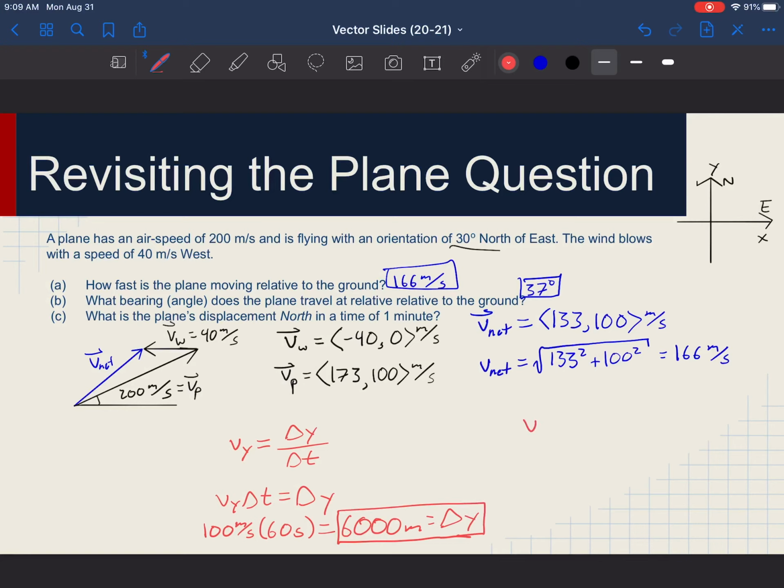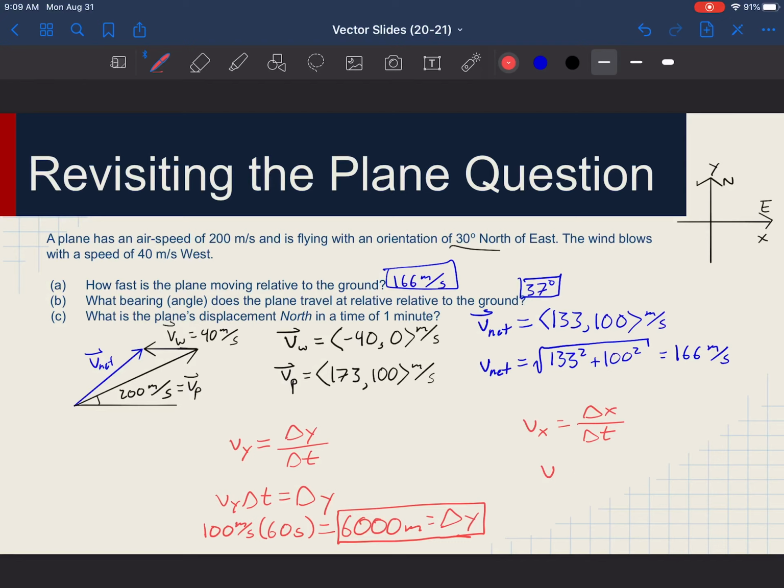We can do the same thing in the x direction, but we need to think separately about motion in the x direction. This is literally how fast it's moving in the x direction. If we want to figure out how far it goes in a given time in the x direction, we could think about it like this. This is moving at a constant velocity, which is why we don't have to use kinematics equations.